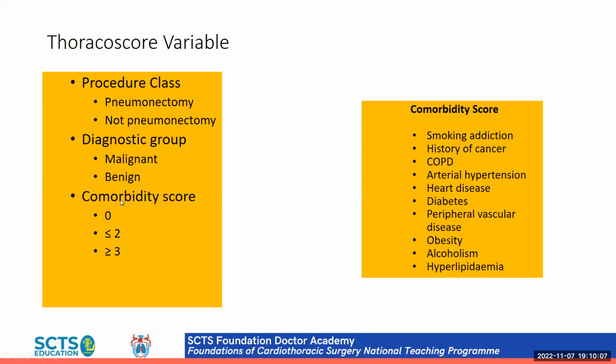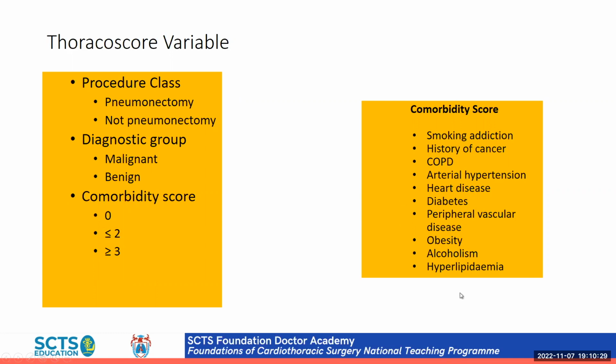Obviously, if you don't have any comorbidities, then you're okay. But if you have comorbidities, up to 2 from smoking, history of previous cancer, COPD, hypertension, any heart disease, if you're diabetic, particularly on insulin, peripheral vascular disease, obesity, alcoholism, and hyperlipidemia.